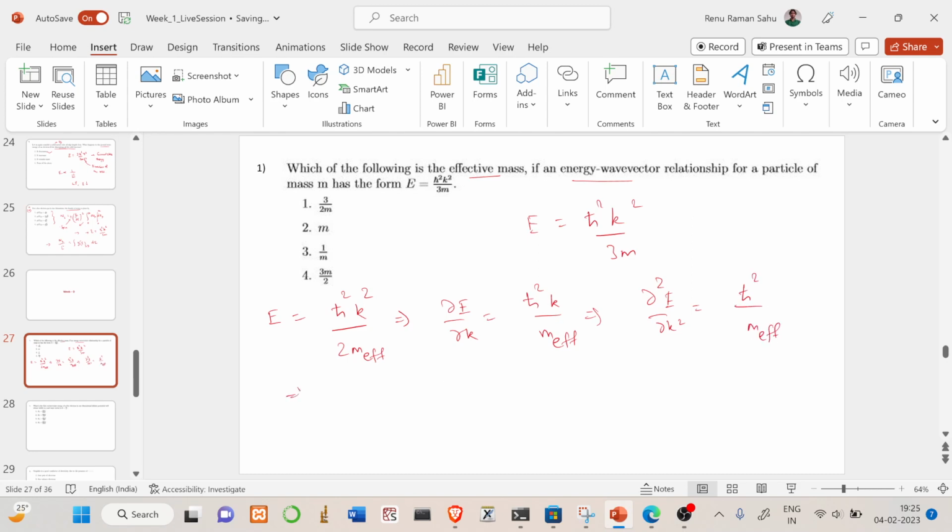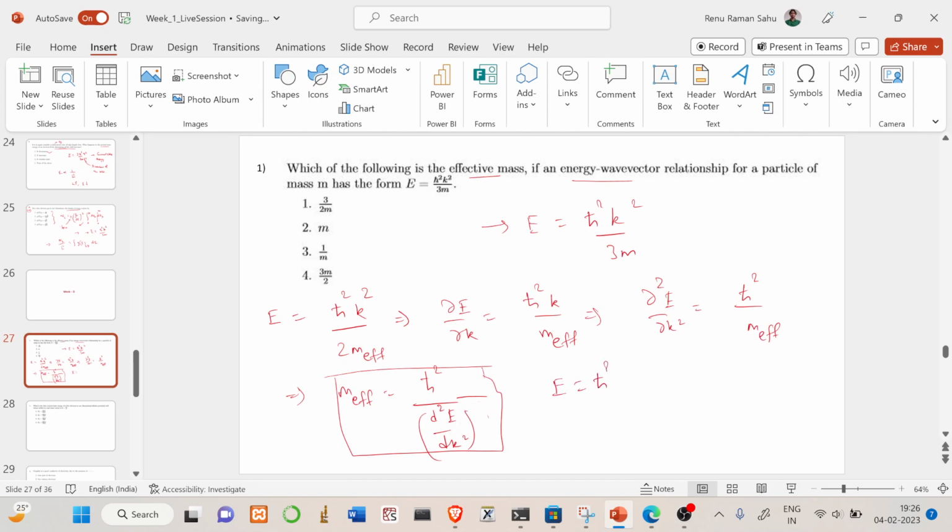So m effective is nothing but ħ² over the second derivative of E with respect to k. This is a general formula which is quite often used in a lot of problems. You use this expression here and you will get the relevant formula.